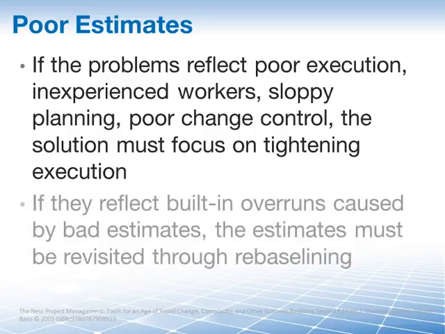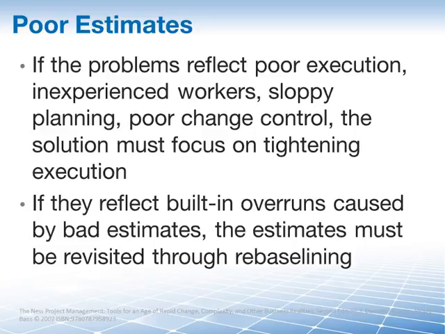But if they reflect built-in overruns caused by bad estimates, then the estimates must be revisited through rebaselining. So without knowing where the problem is coming from, you shouldn't be rebaselining, because if it's just because of poor execution, do not rebaseline. Only rebaseline if we have built-in overruns caused by bad estimates.